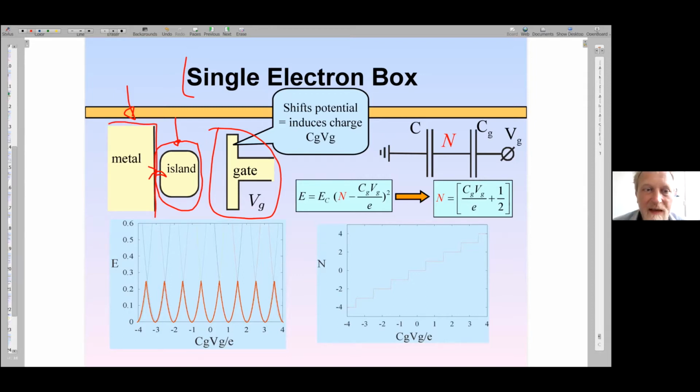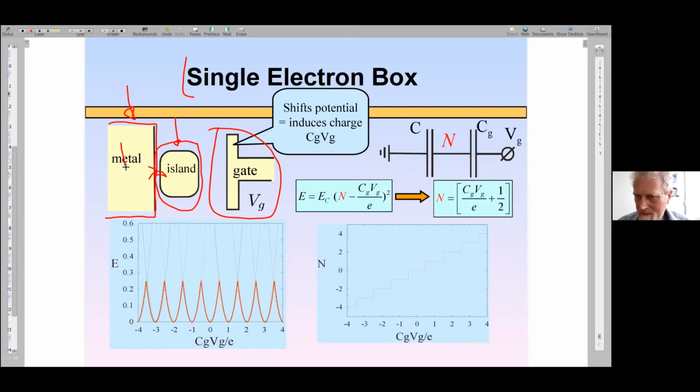And we have a gate which is biased with respect to this metal electrode, right? What's going on? You bias it, you create some electric field between the electrode and the gate, which means that the charge of the island wants to be bigger, all right?